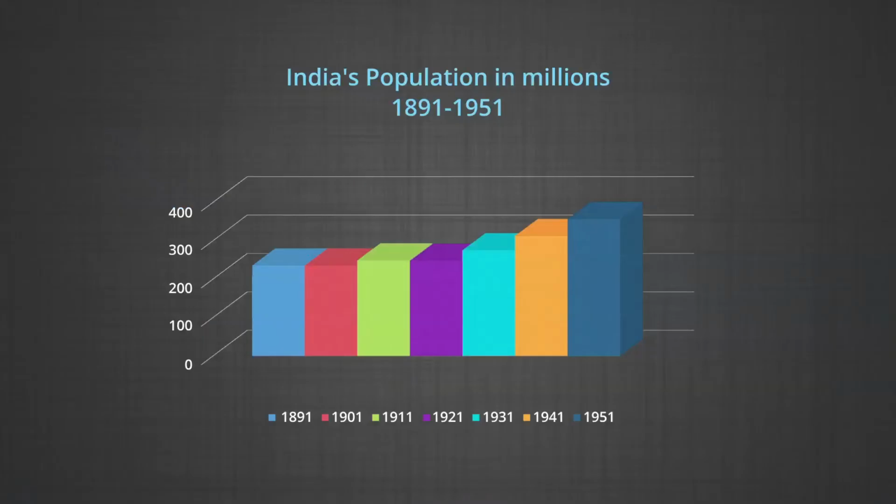The second stage is marked by high birth rate and low death rate, thus causing population to grow very fast. Between 1921 to the first census of independent India in 1951, population increased from about 25 crores to about 36 crores. So, at the time of independence, India was already under the threat of heavy population pressure.